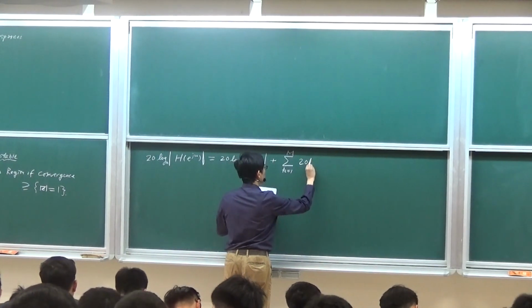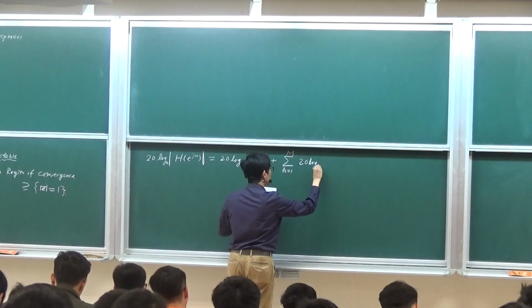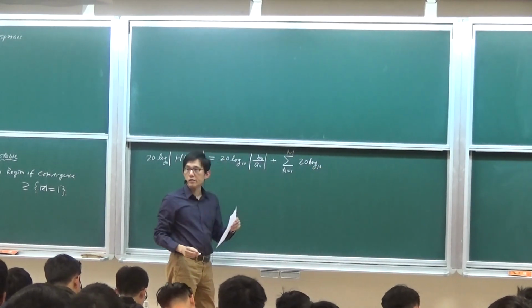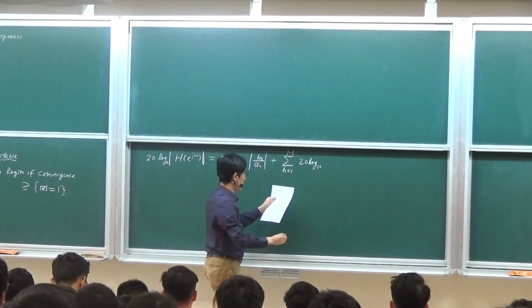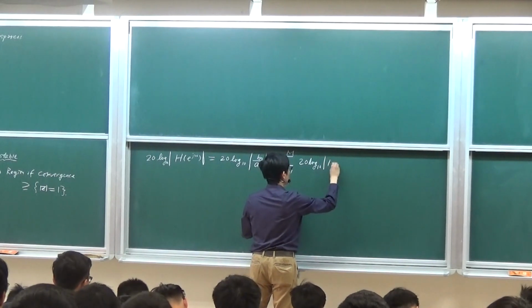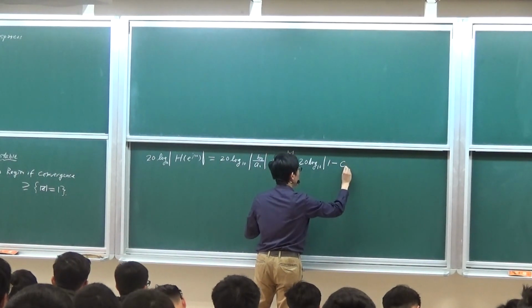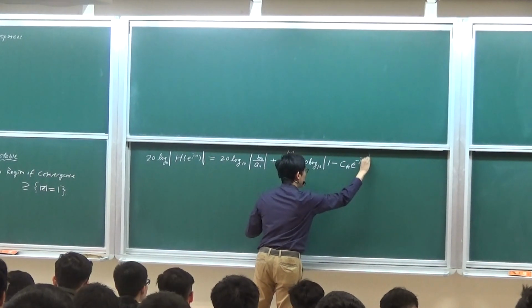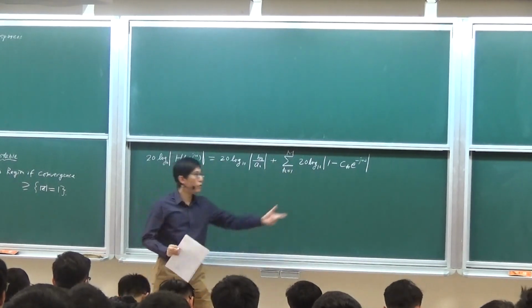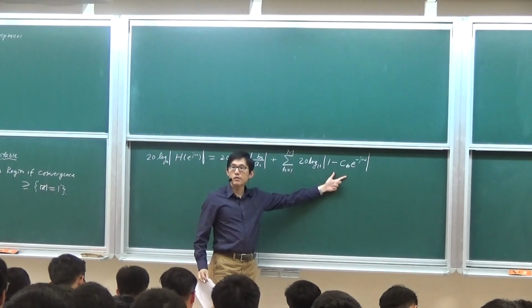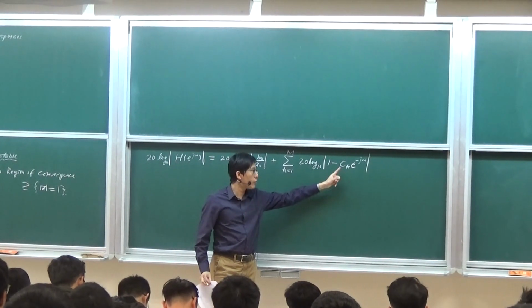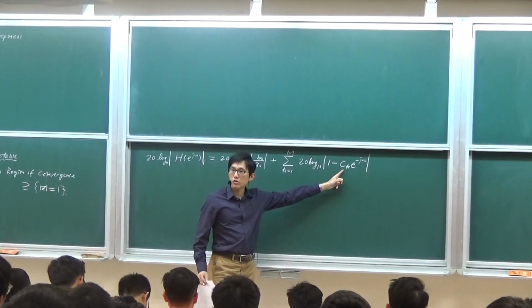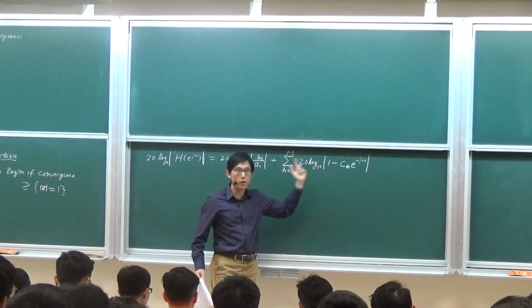So we have the contribution from every single zero and every single pole in this following way. 1 minus c e to the minus j omega. This is the contribution of every zero, its contribution to the magnitude response.